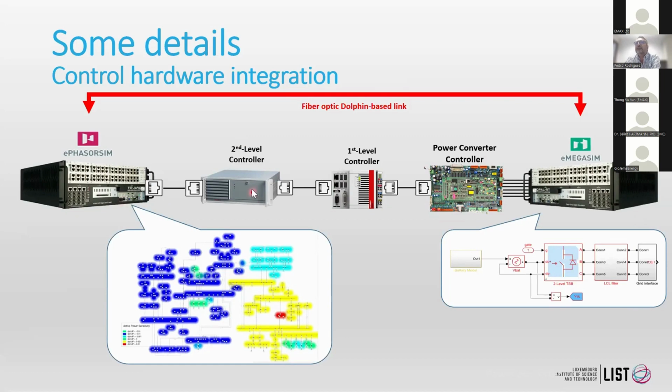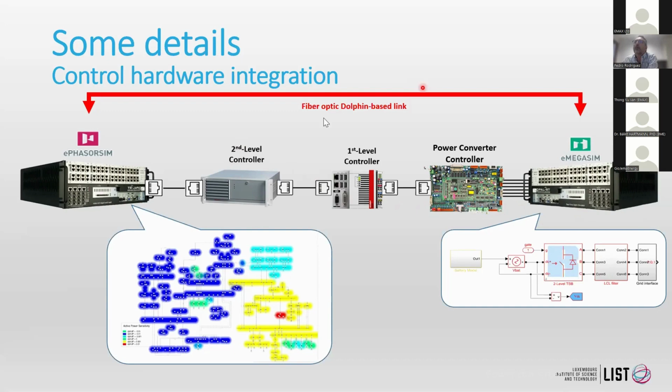The second level controller would be reacting to the control conditions in this grid. Based on that, it would send references to the first level controller, and the first level controller would also be sending references to a control board of the power converter, which at the end of the day was controlling the switches of the power converter that was simulated in this second simulator.